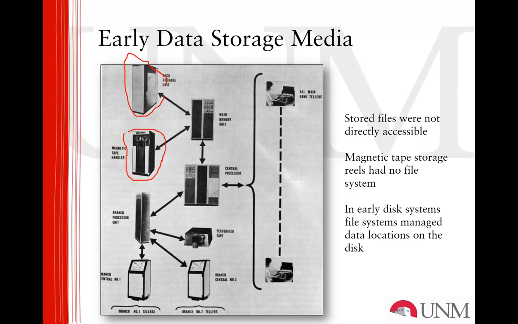Storage was often linear, so you simply started at one end of the tape and added bits until the end of the tape. So the capability of file management in early systems was very minimal indeed, and it was quite labor intensive to plan and implement data storage.